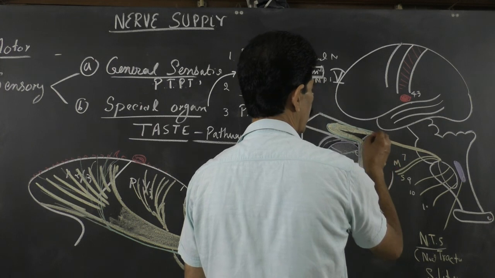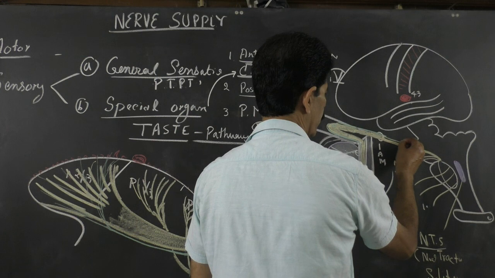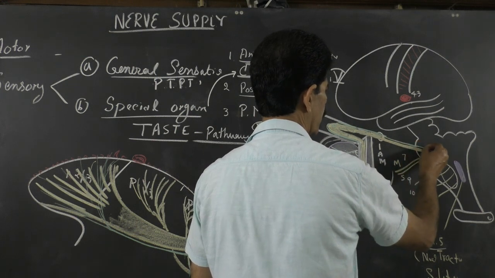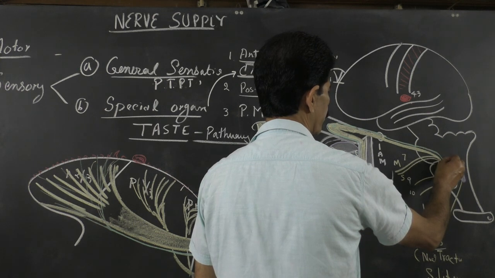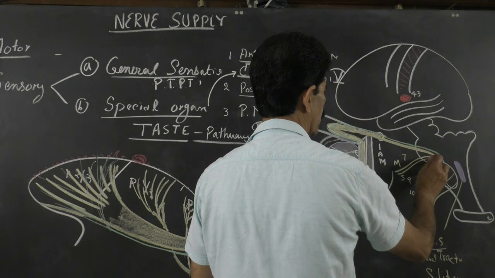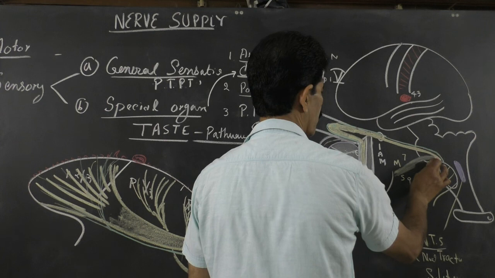as the motor root is already coming, at the same point the chorda tympani with the sensory root carries the taste sensations. They enter the brain matter at the pontomedullary junction.